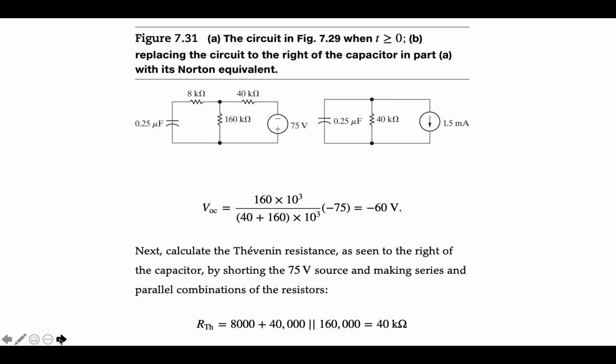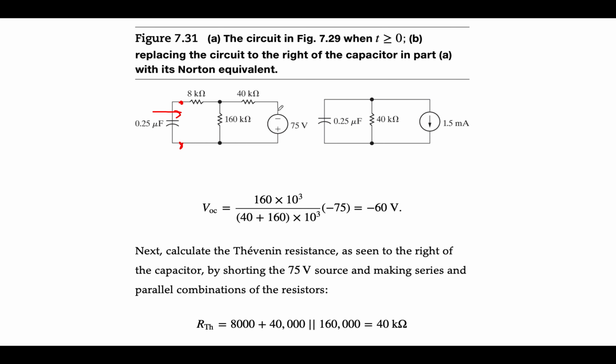Alrighty. So now what we want to do is find the equivalent resistance as seen by the capacitor. They kind of do some weird and unnecessary stuff, I think. You don't really have to find a Norton circuit. What you can do is say we want the equivalent resistance looking into these two terminals.